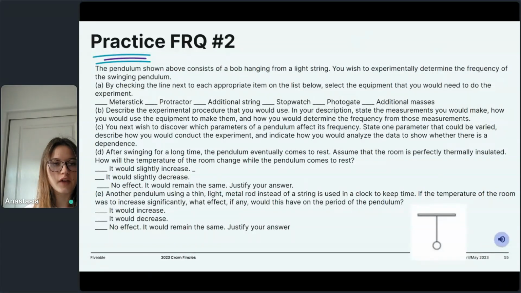Think about what affects the frequency and also how it can be varied.